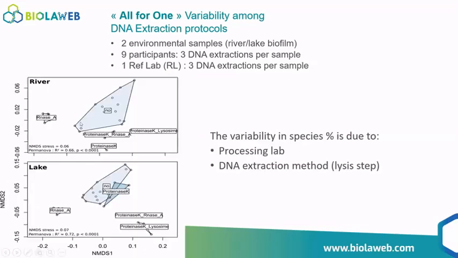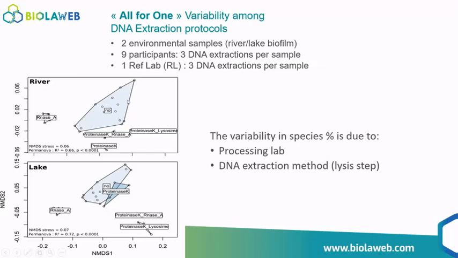If we look a bit deeper on that, what we can see is that the variability in the species percentage was due to the lab, of course. You could see that on the previous slide, but maybe it's also a bit linked to the lysis step of the DNA extraction method.